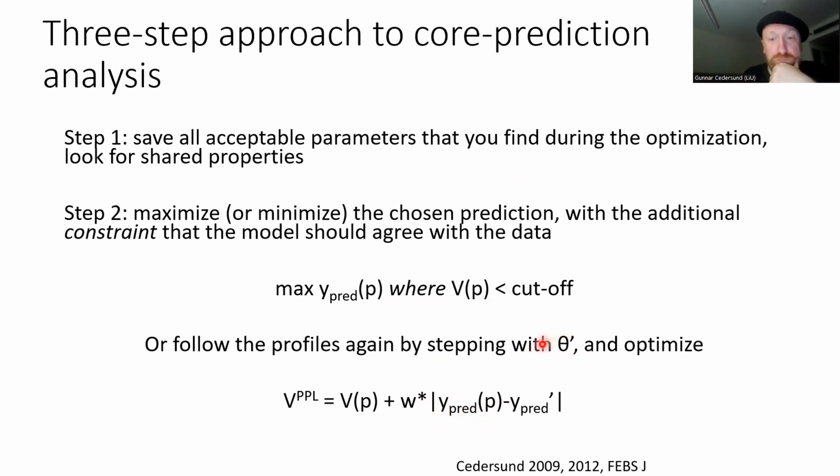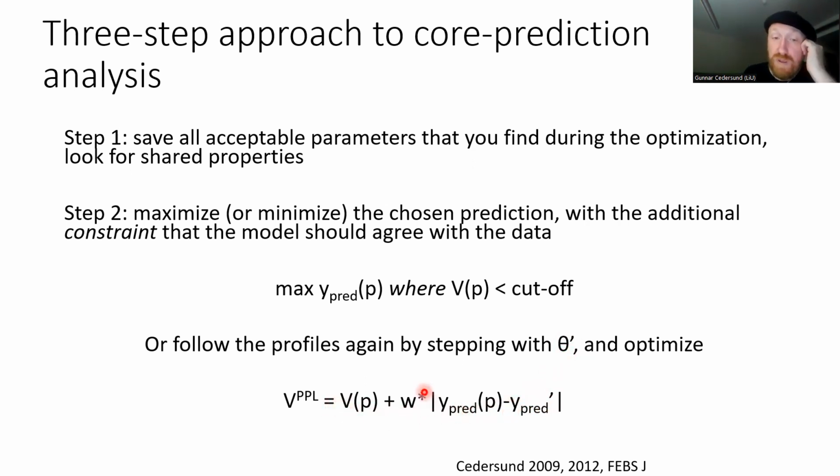And then you are adding the following term to the cost function, where W here is a very big number, and you have the predicted value, which depends on the parameters, and then you have the value that you want to have, so theta prime or ypred prime, and then you use this cost function.